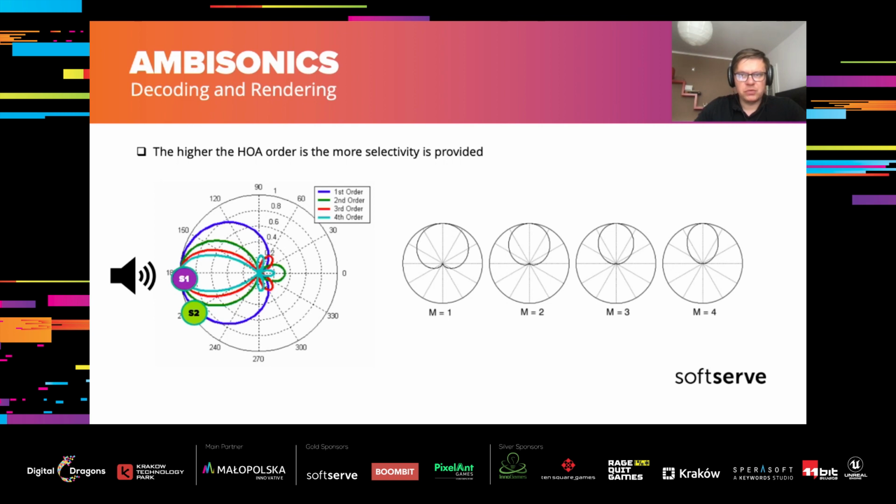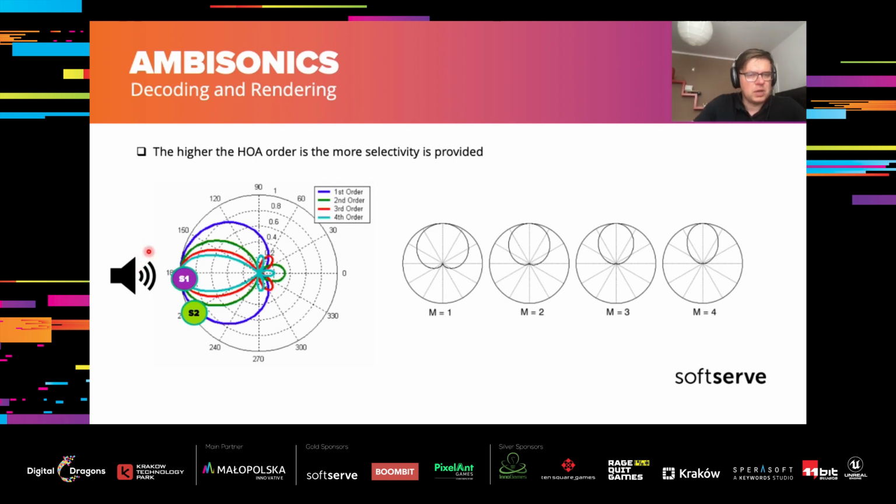Okay, on the previous slides I mentioned that the higher the order of ambisonics, the more spatial resolution can be provided. I also mentioned that higher order ambisonics require a high enough number of speakers in order to reproduce the sound field properly. So here I wanted to simply demonstrate the reason for that.